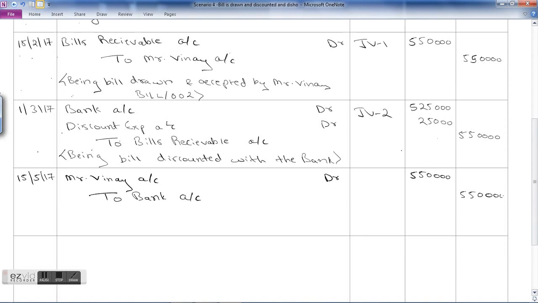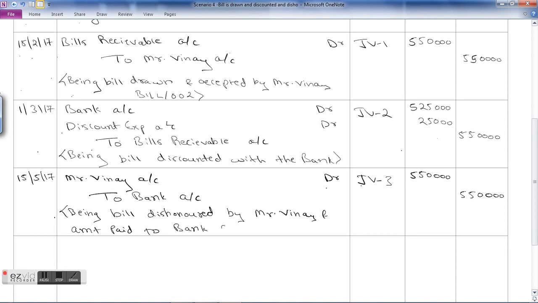So this will be the journal entry when we have discounted the bill and subsequently it is dishonored and we have to pay the amount. Being bill dishonored by Mr. Vinay and amount paid to bank on behalf of him.